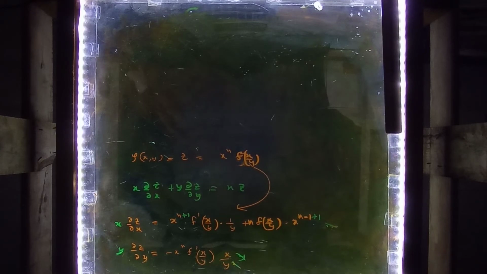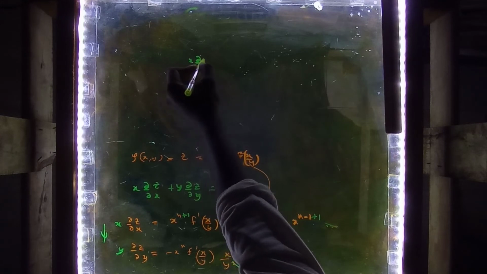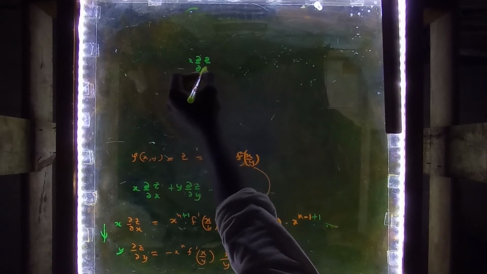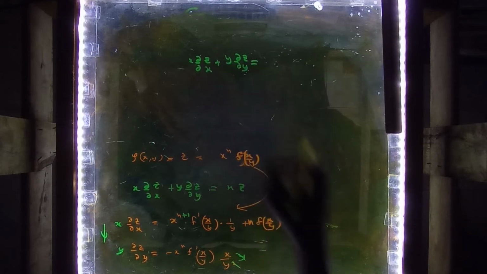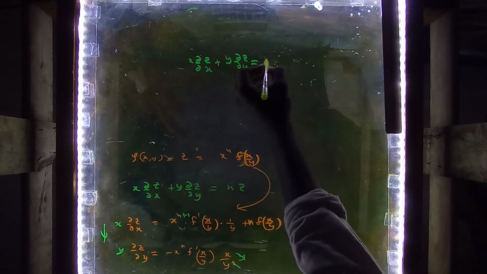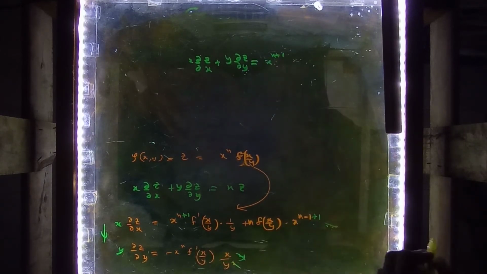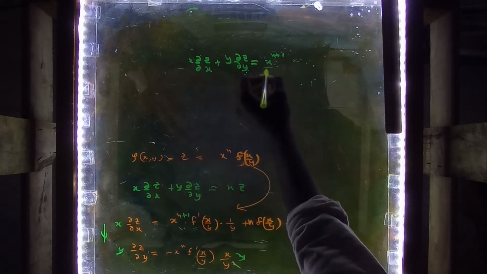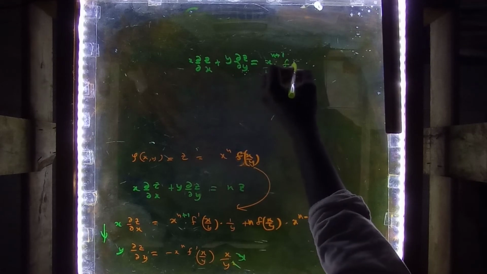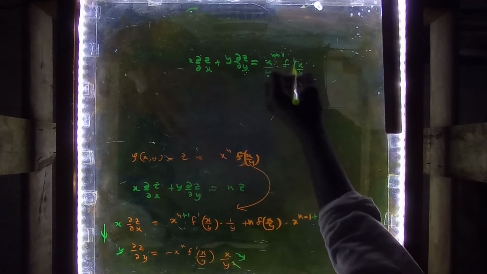This step comes from these two scenarios. I'm going to add these two expressions together, so let me show you how it will look. x times partial z with respect to x plus y times partial z with respect to y is going to be equal to x to the power n plus 1 upon y times f prime of x upon y.